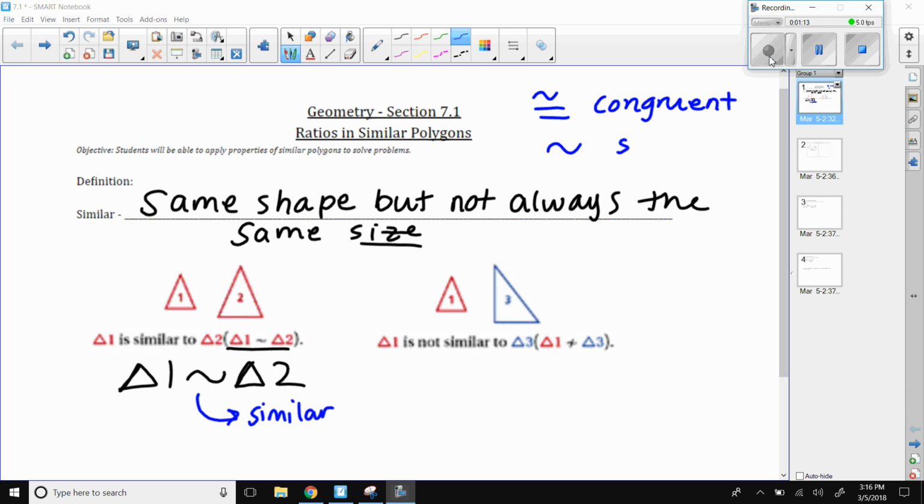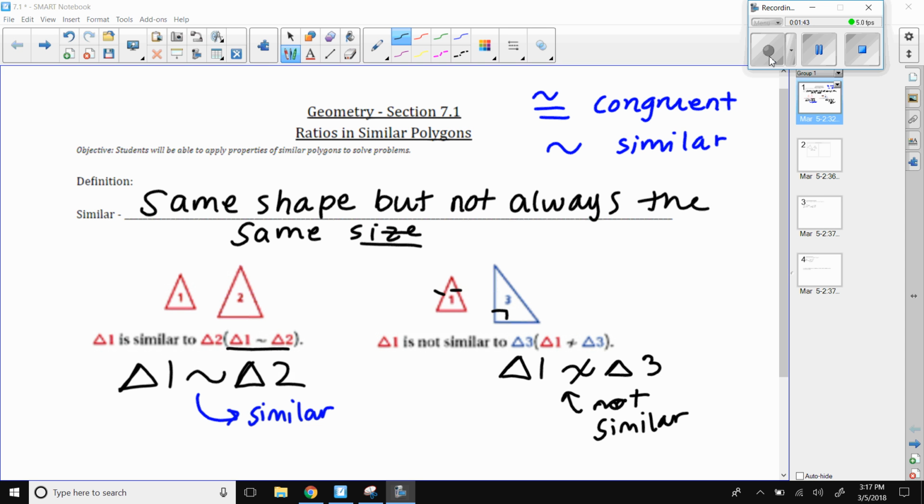For similar, we just have the little squiggly. And this one here says that these are not similar. So this says triangle 1 is not similar. It's the squiggly with an arrow through it. And you can see that by these two triangles. This looks kind of like a right triangle, whereas this looks like an isosceles. So we've got two different types of triangles here, and that's why they're not going to be similar.